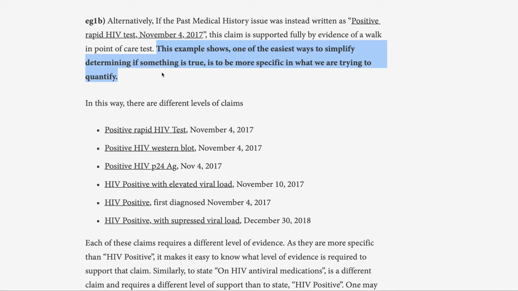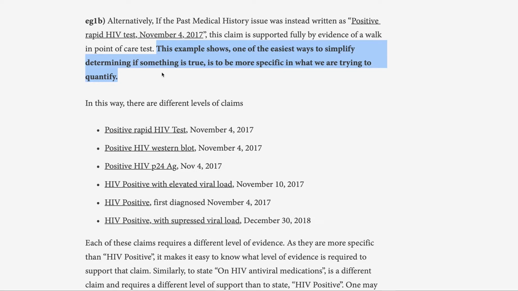accuracy, what if we just said in the past medical history that there was a positive rapid HIV test November 4th, 2017? Well, to prove that statement is actually very straightforward. We just need to link it to the positive HIV test, right?